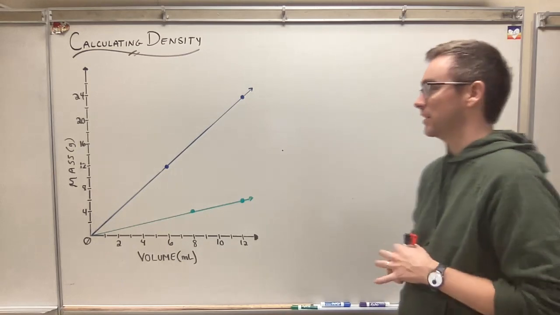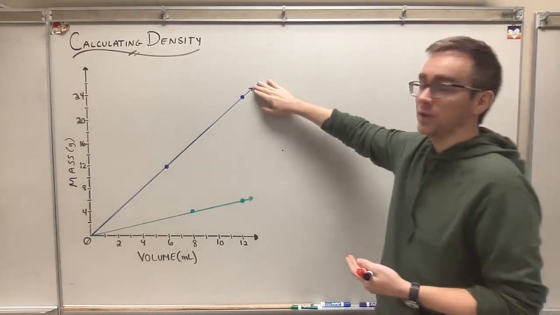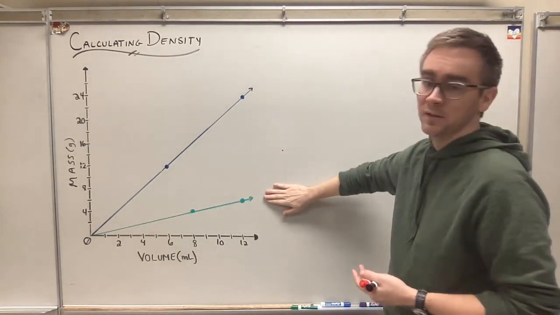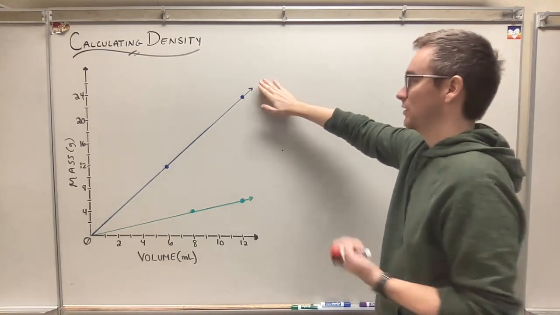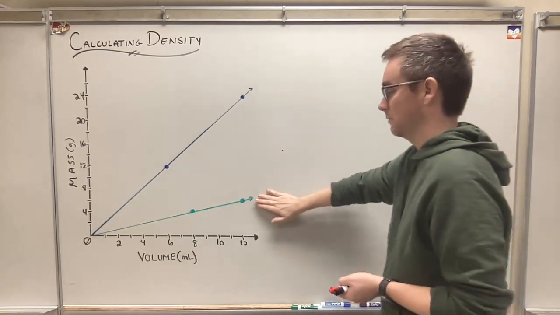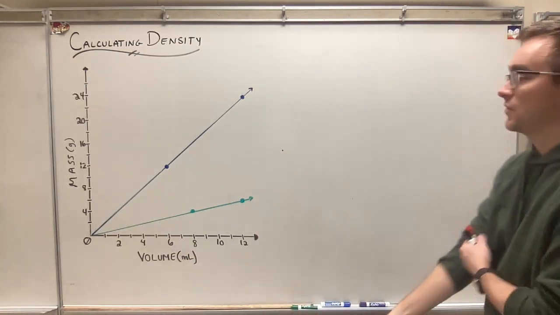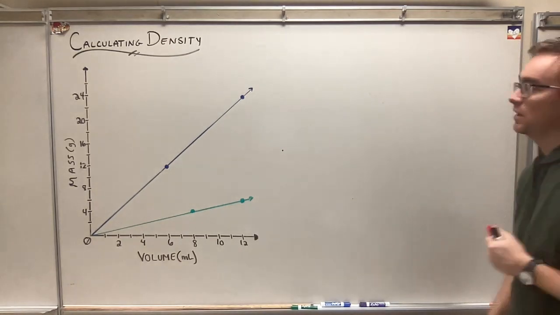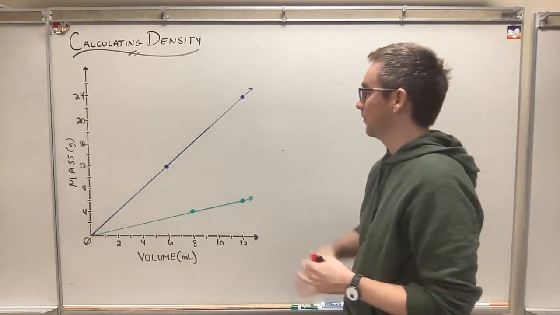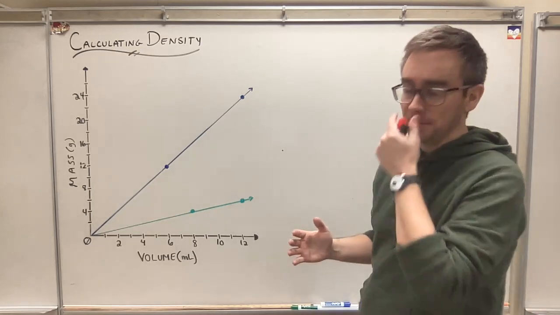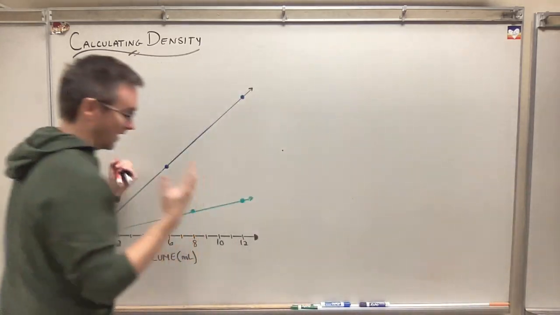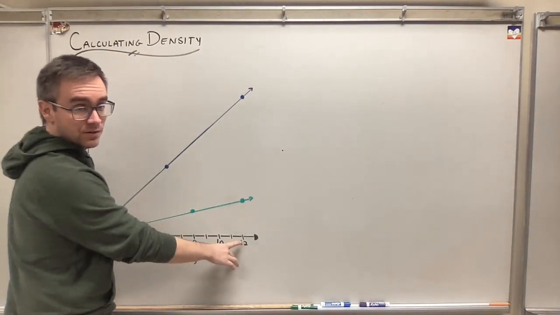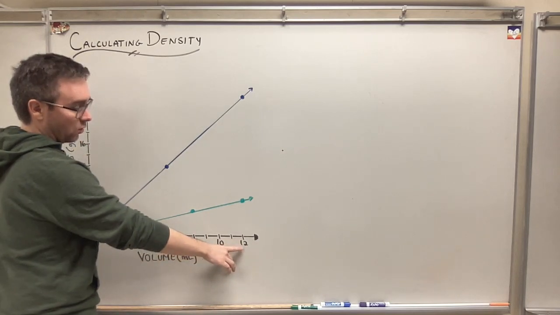So we have this ratio here. I have two lines: my blue line and my green line. We can just call them line number 1 and line number 2. If I pick a point, let's say 12 milliliters, that's a space of 12 milliliters.